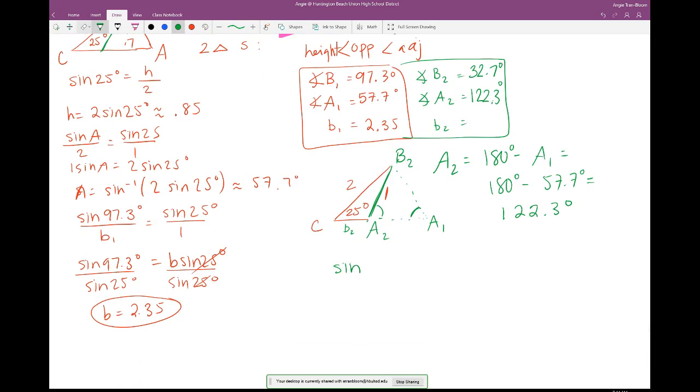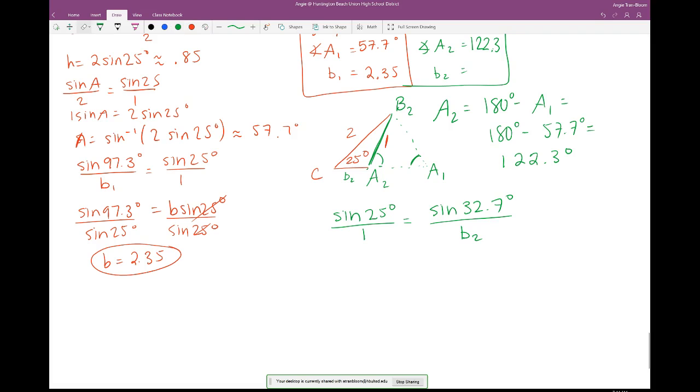So sine of 25 degrees all over 1 equals sine of 32.7 degrees all over B subscript 2. Cross multiply. So that means B times sine of 25 degrees equals 1 times sine of 32.7. It's just simply sine of 32.7.